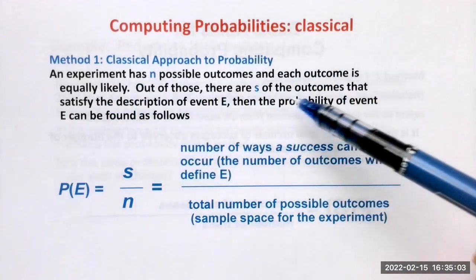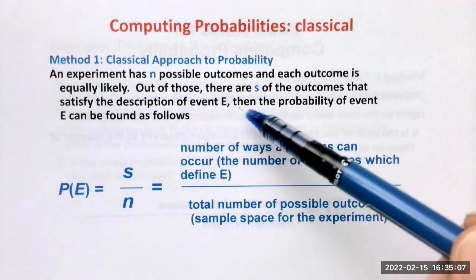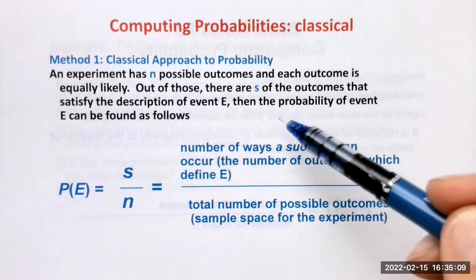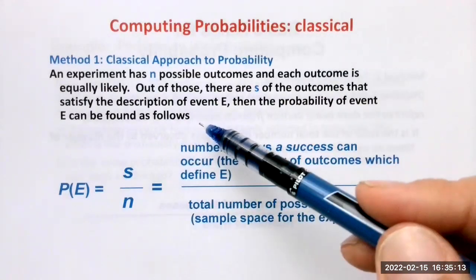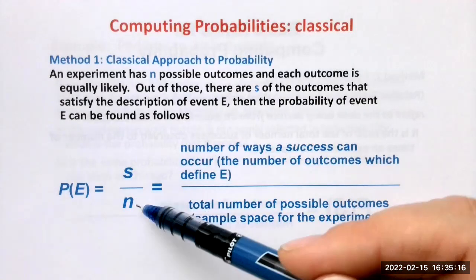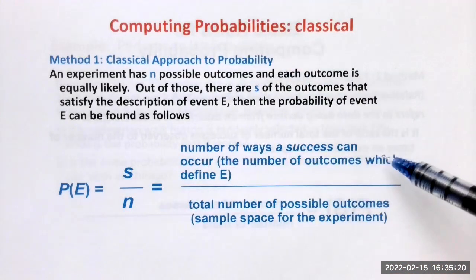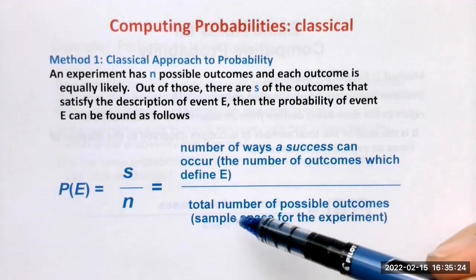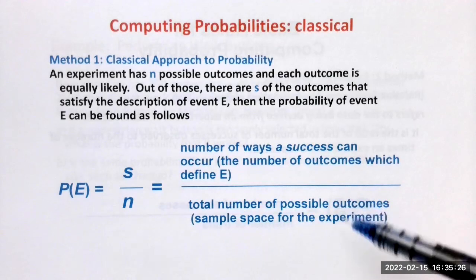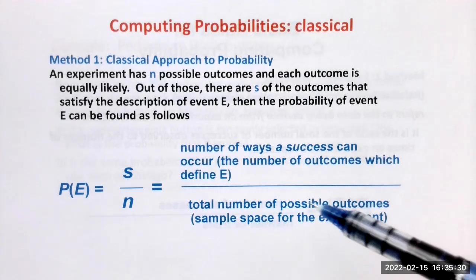Out of those, there are S of the outcomes that satisfy the description of an event E. Then the probability of the event E can be found as follows. S divided by n, where S is the number of ways a success can occur, and n is the total number of possible outcomes or sample space of an experiment.